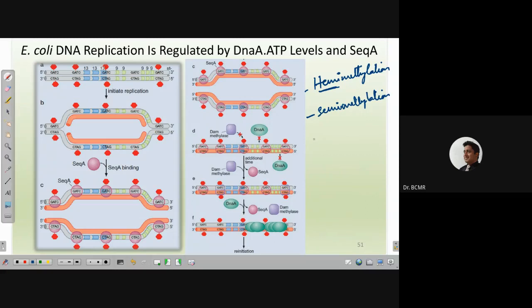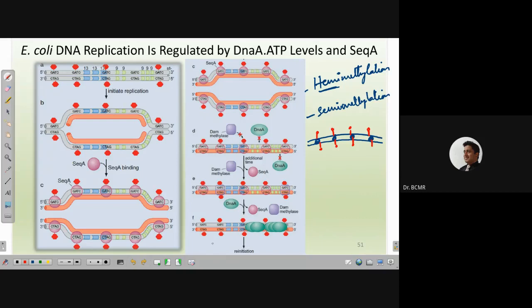Say, for example, there is a DNA molecule like this, and assume that each of the blue circles that I'm putting is a GATC sequence. There'll be two A's, one on the top strand, one on the bottom strand, and so is the case with all. So this is a completely methylated state. You call that simply methylated DNA.